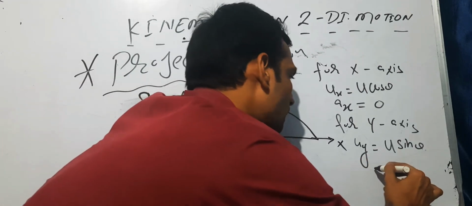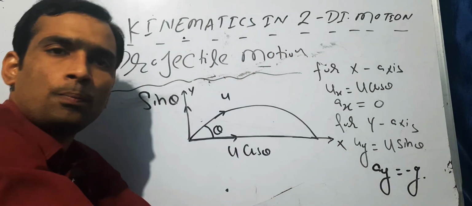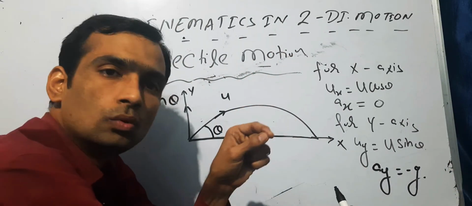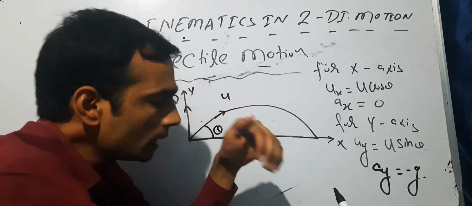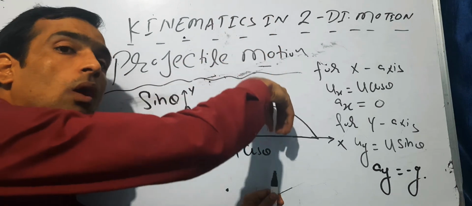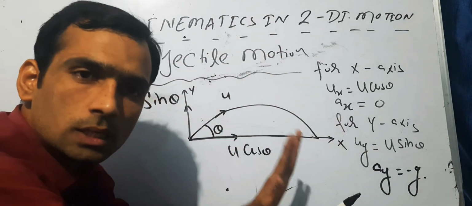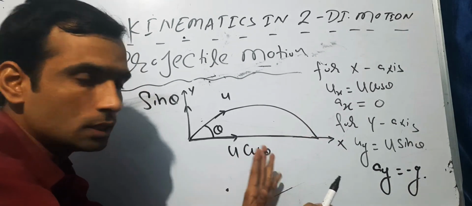So ay equals minus g. As I told you in straight line motion, or motion in one dimension, you can throw the particle in the upward direction or you can drop the particle from top to bottom. g is always negative in both of the cases. So this is the scenario which I have written over here.